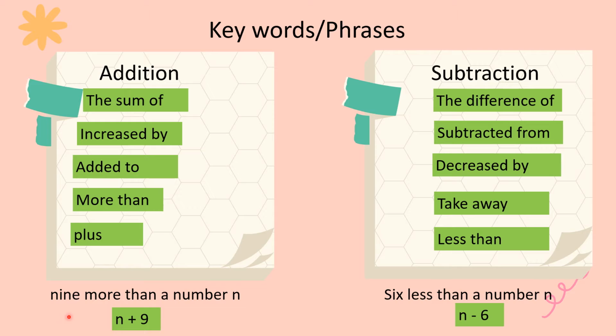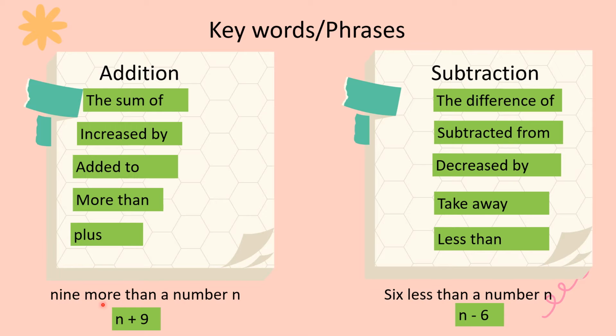Usually, the first number that we mention is the first that you write when you translate. But this one says 9 more than a number n. Take note here: I didn't mention the exact number, but instead, I represent that number with the letter n.